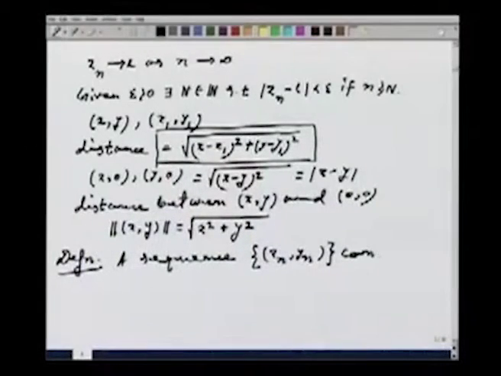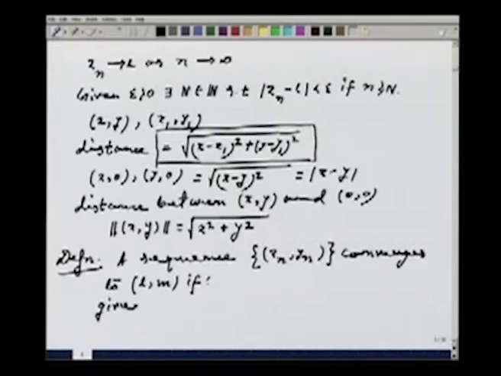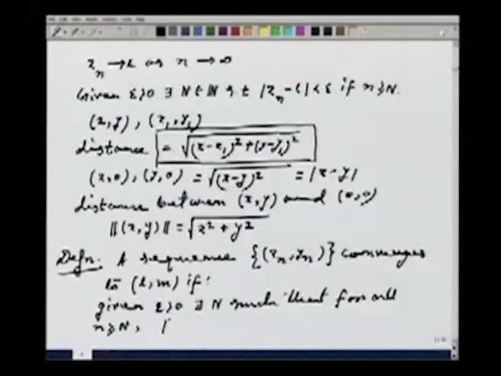This converges to an element (L, m) in R2 if, you will see it is exactly analogous to the one-dimensional case, given epsilon bigger than 0, there exists capital N such that for all n bigger than or equal to capital N, the norm of (xn, yn) minus (L, m) is less than epsilon.